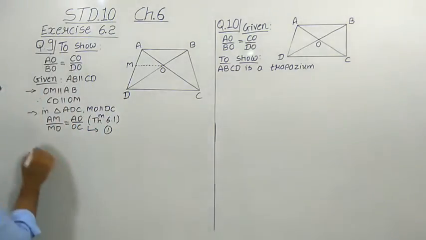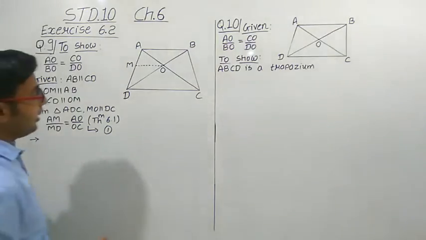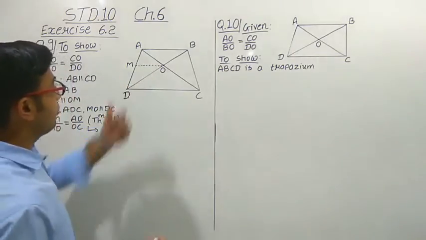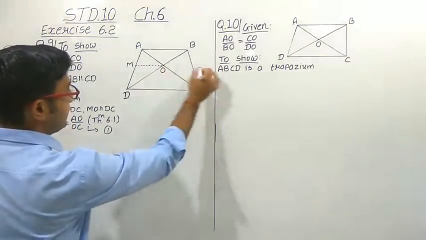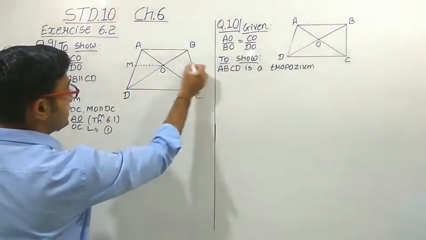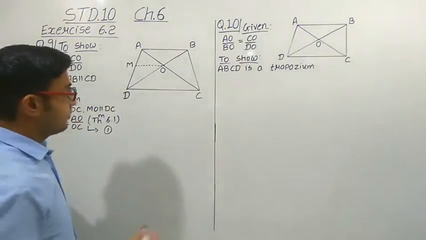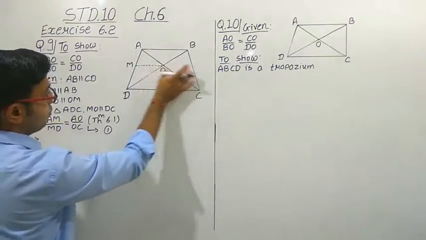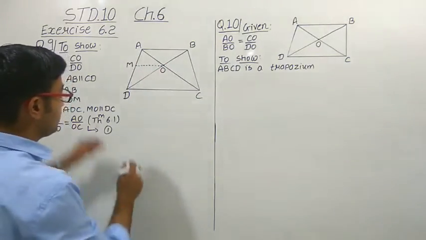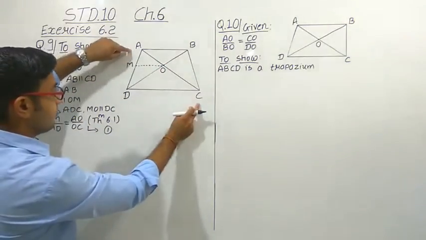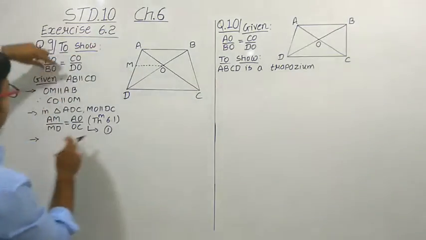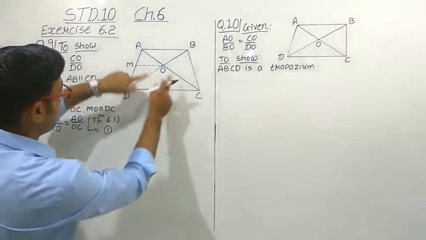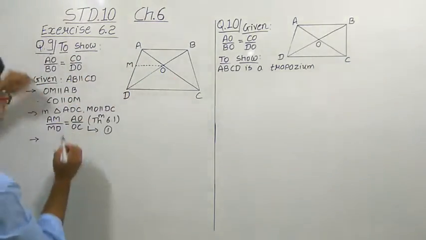Now you may think, what will happen if we draw the total line instead of MO? Can we draw the line from this side to this side? Yes, we can also do this, but there is no requirement to draw the total line, because here we consider triangle ADC, in which the two things we require are AO and OC.